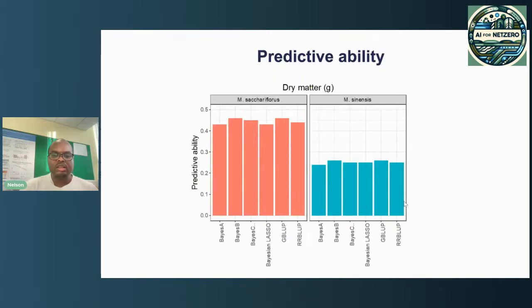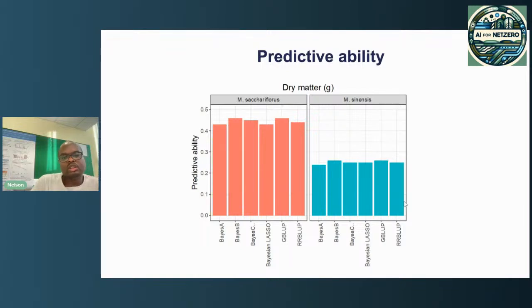So you can see that on the orange box is the one species, which is Saclophorus, and the green box is the Sinensis. We didn't find significant differences between the predictive ability within species, but we could see some differences between species. So the models gave higher predictive ability for the Saclophorus population and lower predictive ability for the Sinensis.